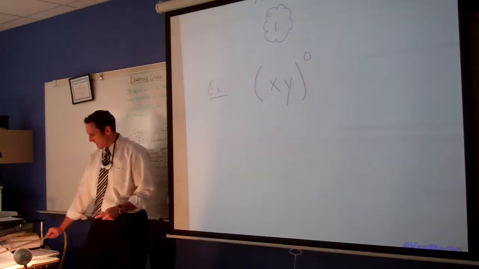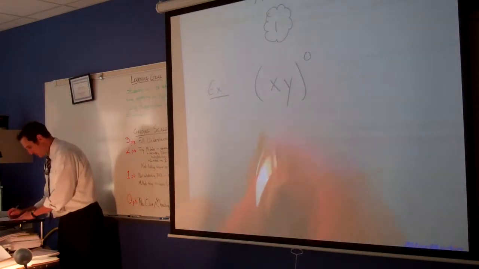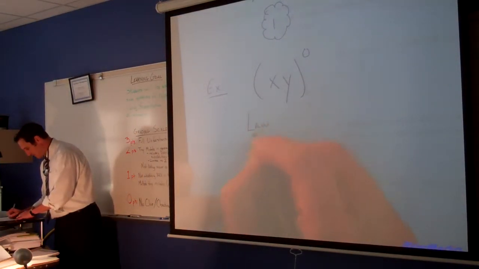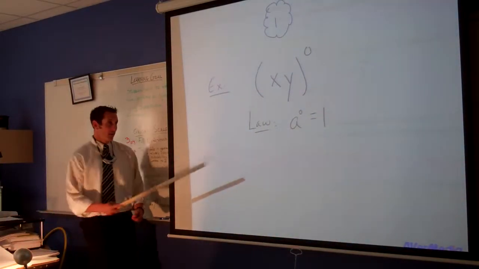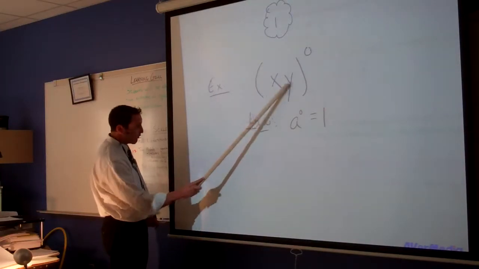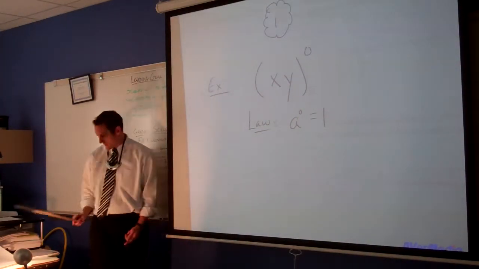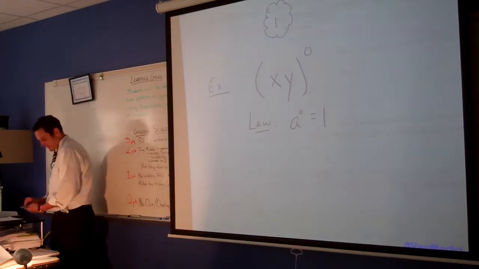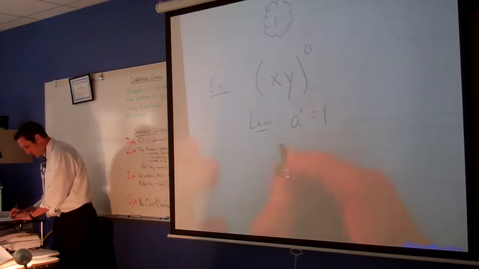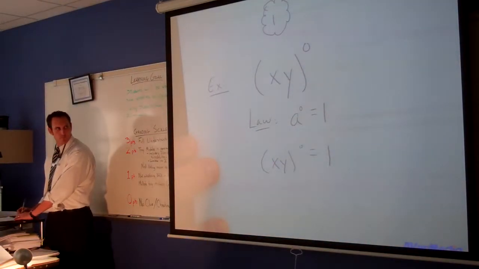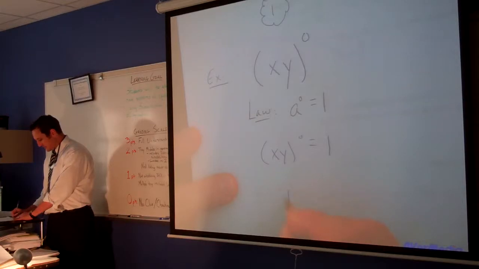And the law states anything to the 0 power is 1. So even though this looks complicated, the whole thing is being raised to the 0 power, so the whole thing is 1. So the law is still applying to this expression, even though it looks a little bit more complicated. It's still equal to 1. So isn't that such an easy law?